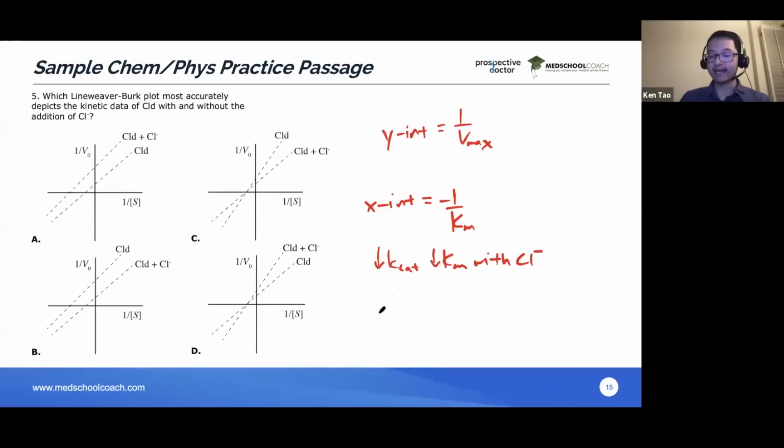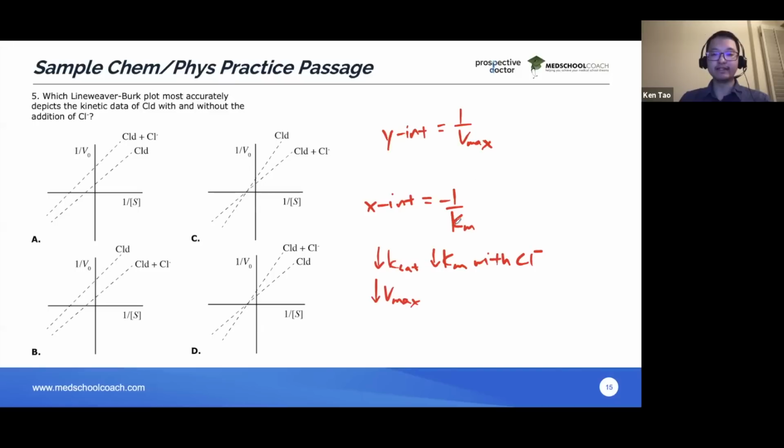And kcat, you should recall, is related to Vmax, right? Vmax is equal to kcat times the total enzyme concentration. So if your kcat decreases, that means your Vmax decreases. So now we know what happens to Vmax and Km.